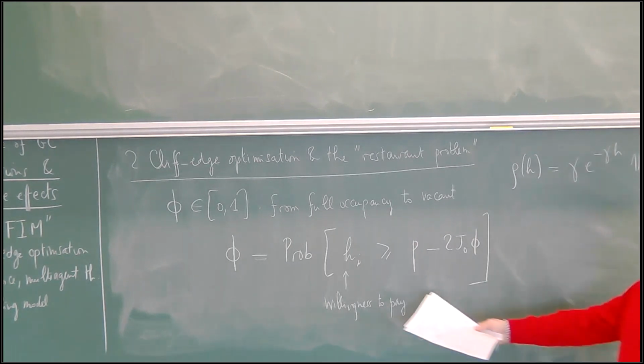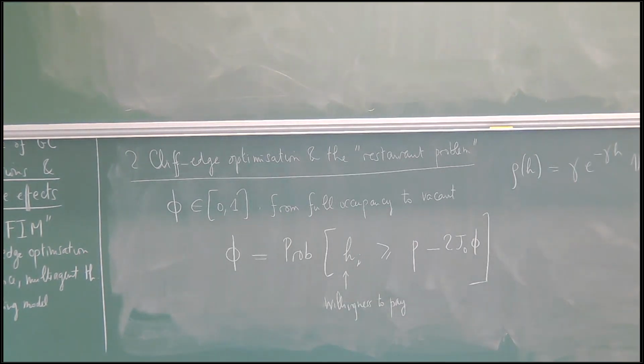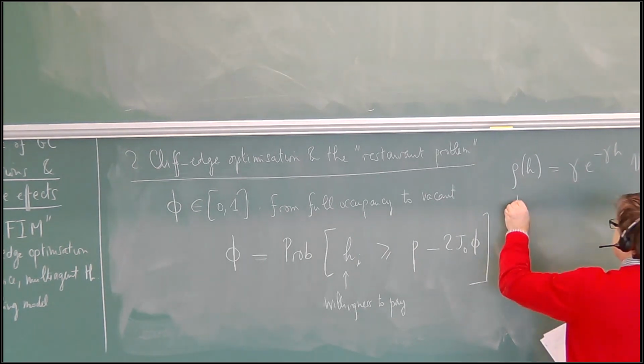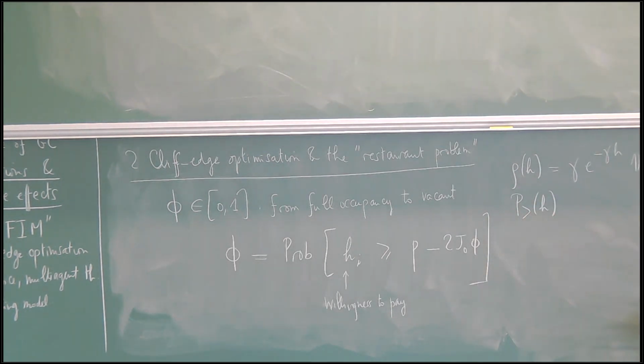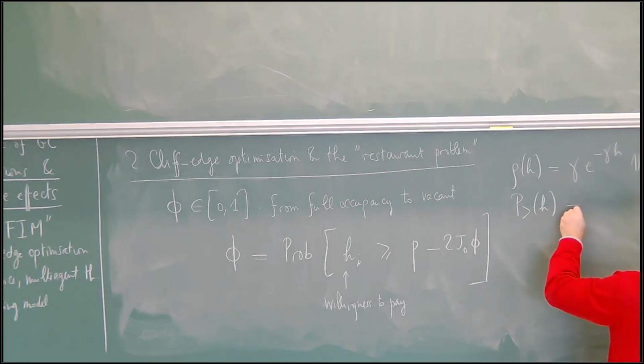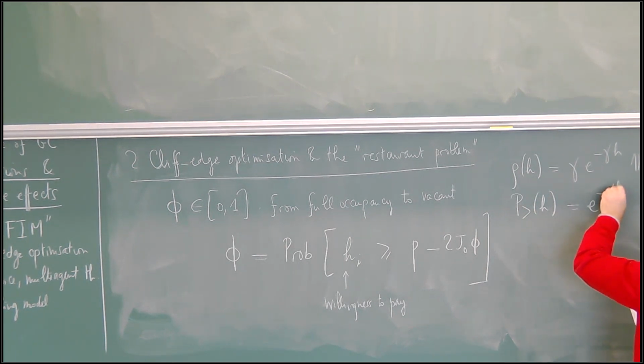So everybody is willing to pay a little bit to go to the restaurant, but then as h increases, there's an exponential decay of the willingness to pay to go to a restaurant. So in particular, you remember something that is useful because it actually happens here already, the cumulative distribution, which in this case is very simple. It's exponential of minus gamma h for h positive.